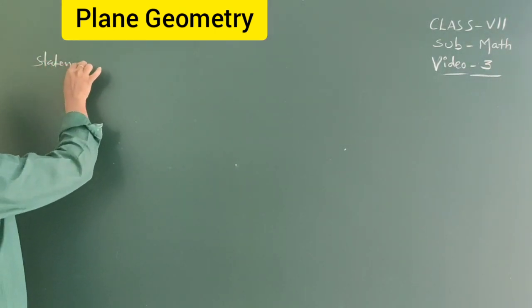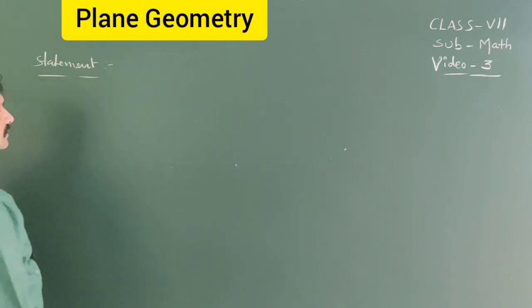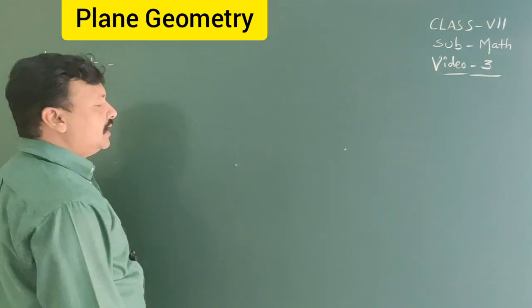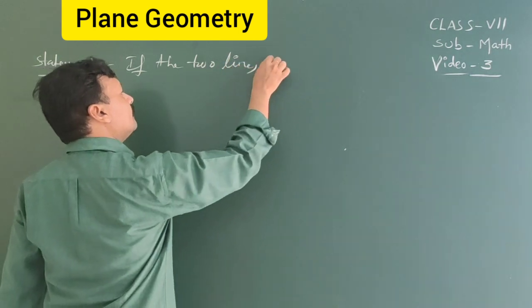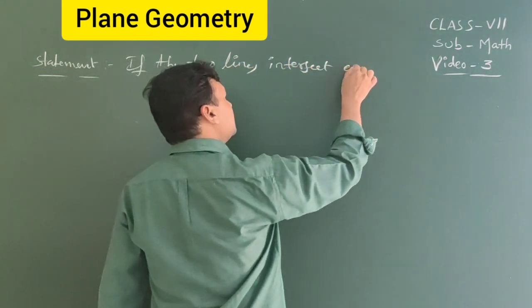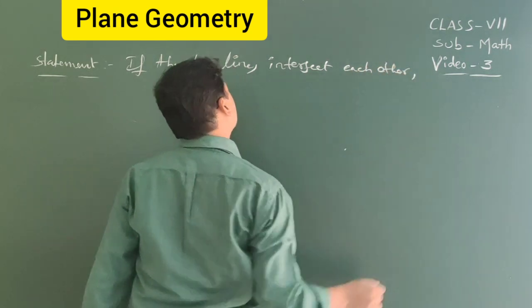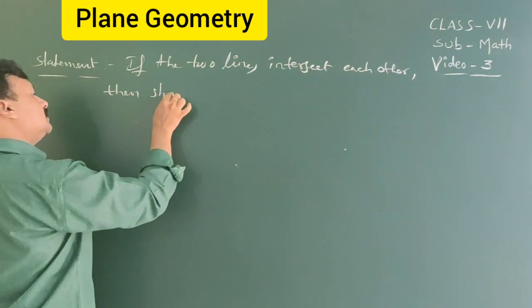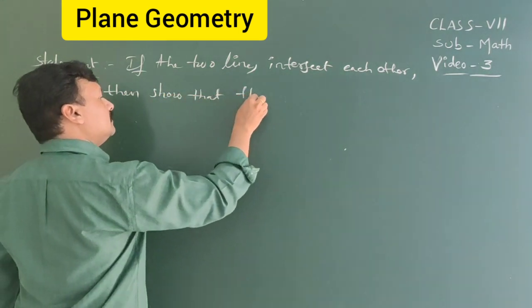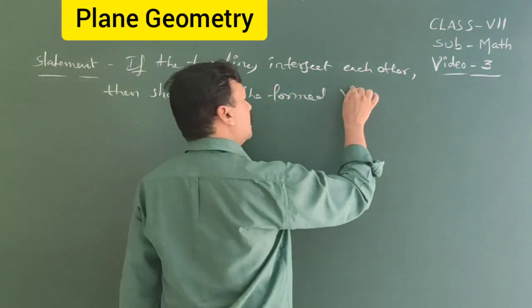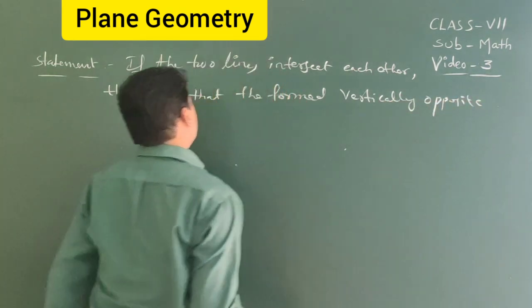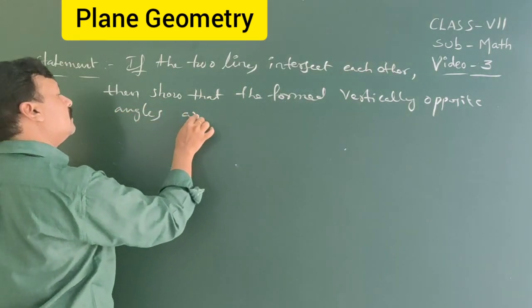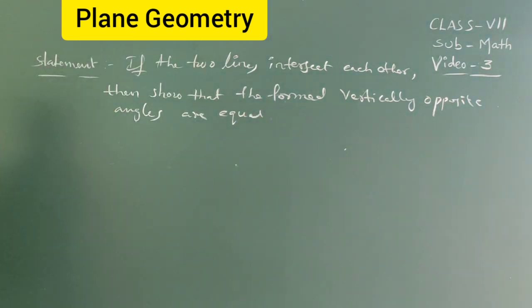Statement: If two lines intersect each other, show that the formed vertically opposite angles are equal. You need to prove this one.